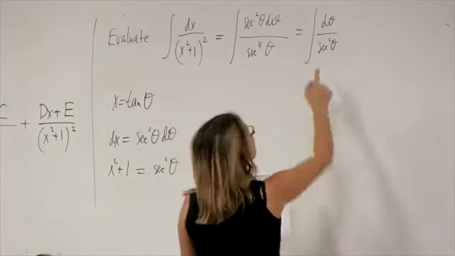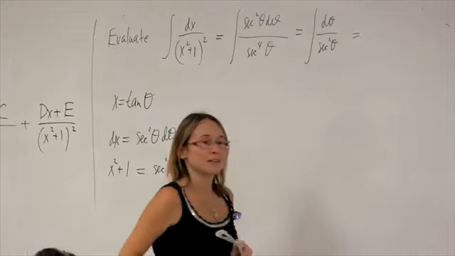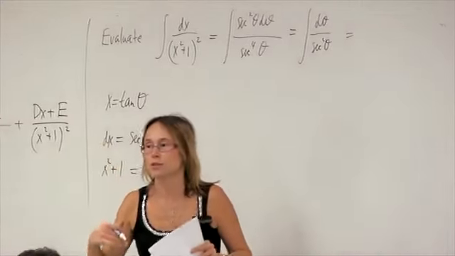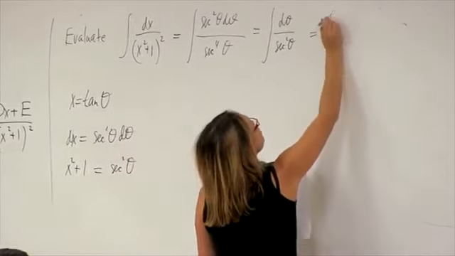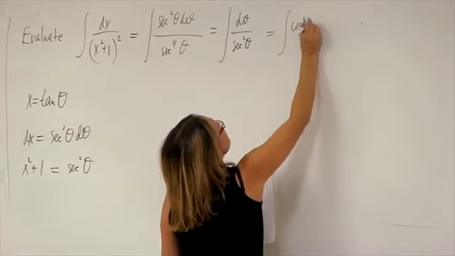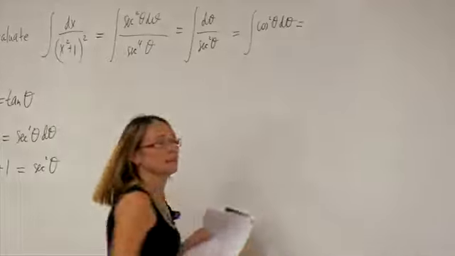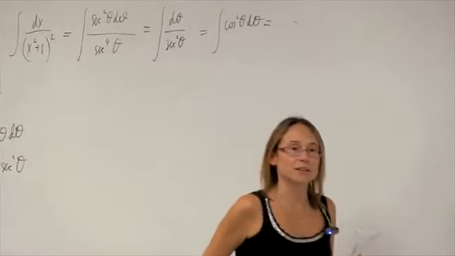Okay. Is this an easy integral? It's not secant squared. There's 1 over secant squared. So the best idea is to remember that secant is 1 over cosine. So we have cos squared theta d theta. Now we use the half angle identity.